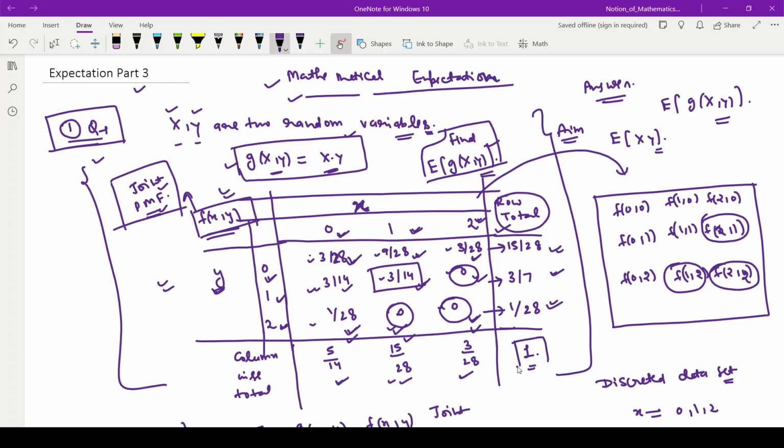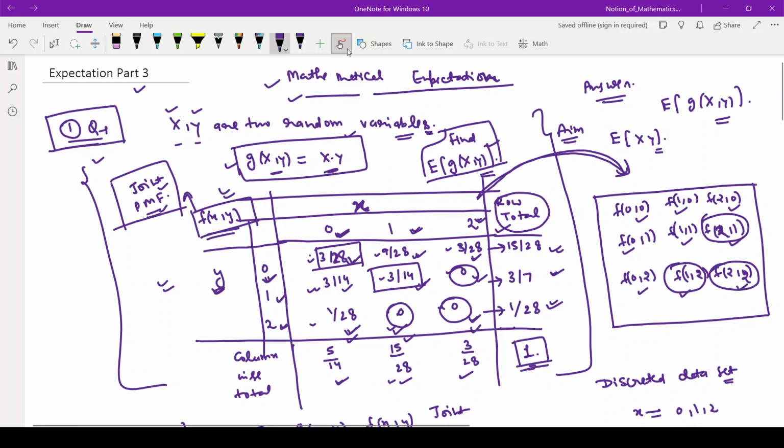And this total probability is 1. If I compare these values in this form, we can understand this is f00, x is 0, y is 0. The second value is f10, f20, f01, f11, f21, f02, f12, f22.